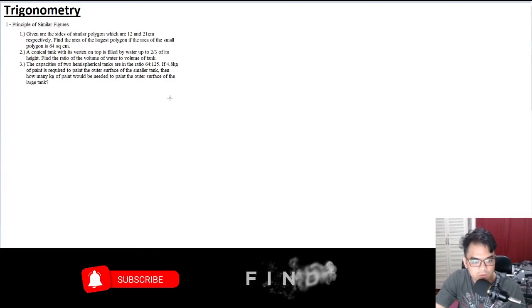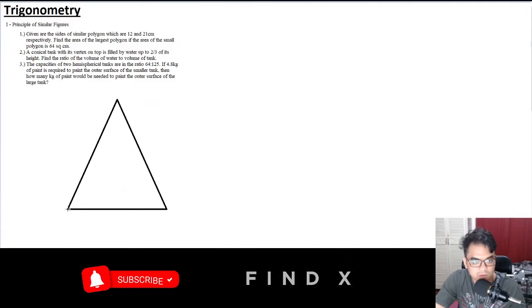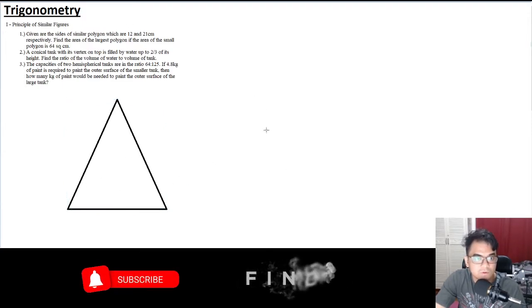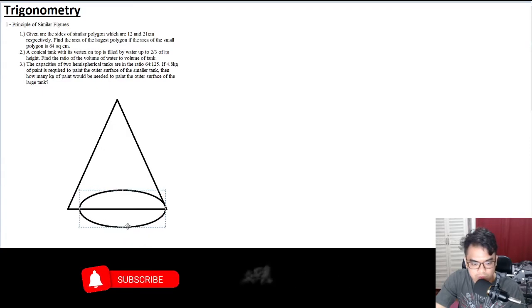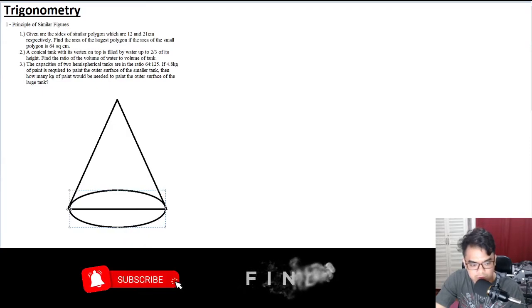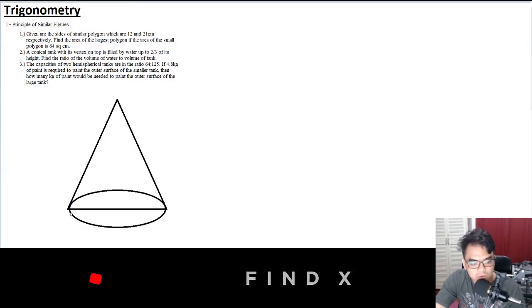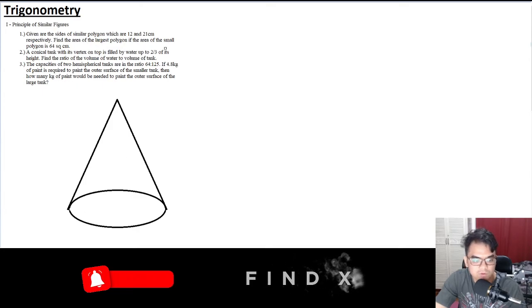Let's make a big one. So this is the triangle, right? It should look like this. So that is a cone with the vertex on top. This is the vertex.